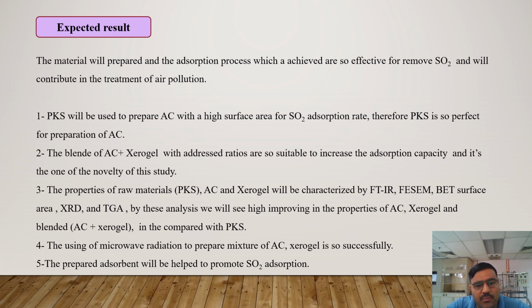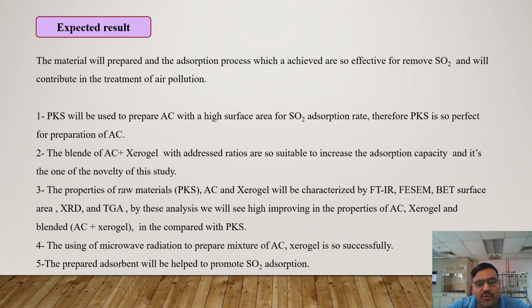Palm kernel shell will be used to prepare activated carbon with a high surface area for SO2 absorption. Therefore, palm kernel shell is perfect for preparation of activated carbon. The blend of activated carbon and xerogel will address the ratio suitable to increase the absorption capacity, and it is one of the novelties of this study.